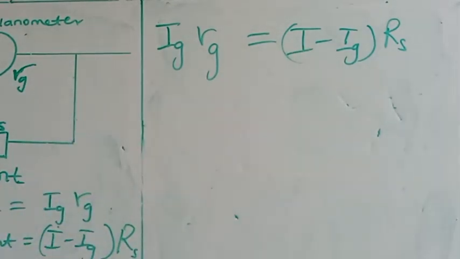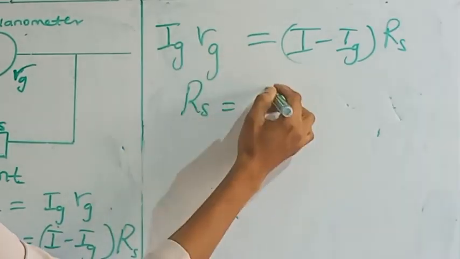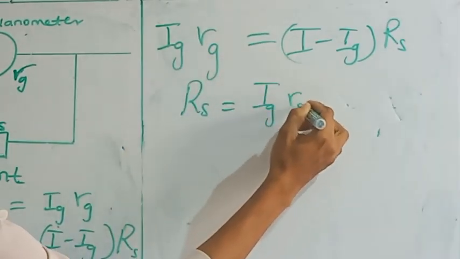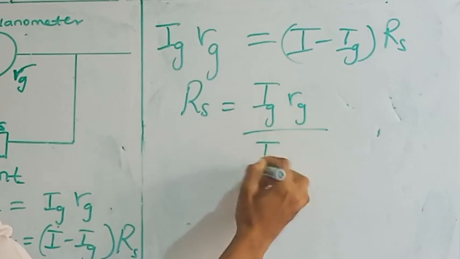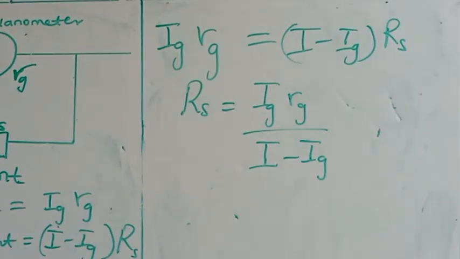So we can get the shunt resistance to be IG RG over I minus IG. Please write down this formula.